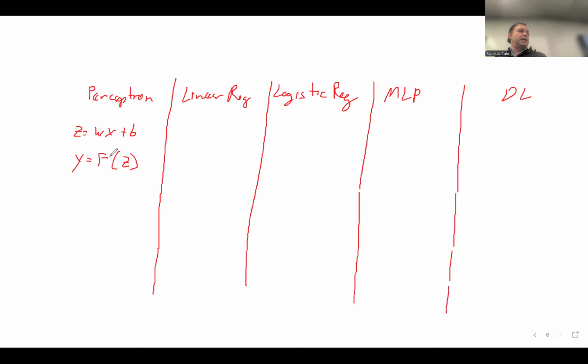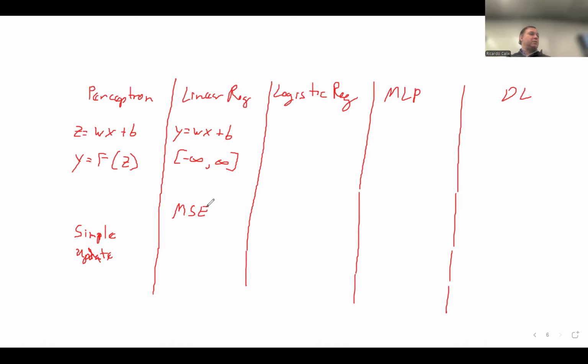The optimization was just a simple update rule, which is really elegant, but it's a simple equation, almost like a fixed one. Then we have linear regression, which is y equal w times x plus b. And we know that it goes from minus infinity to plus infinity. The optimization is something like MSE, least squared error, etc.